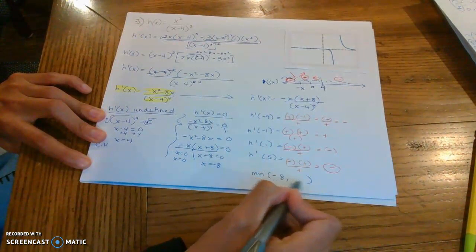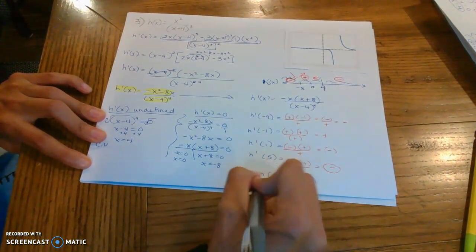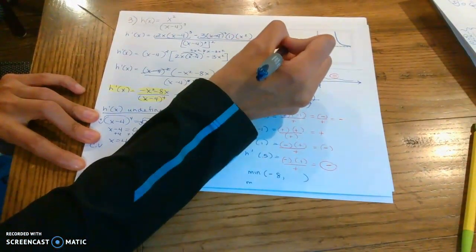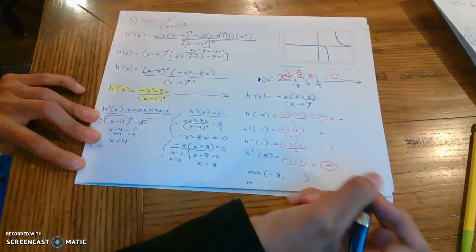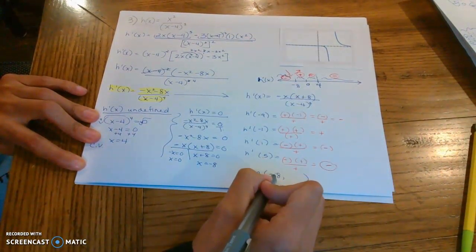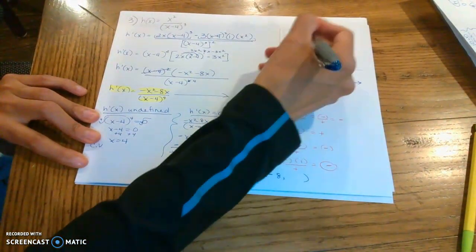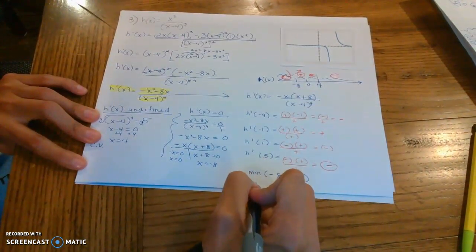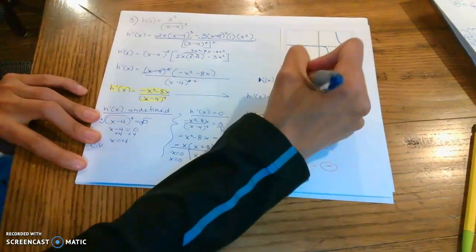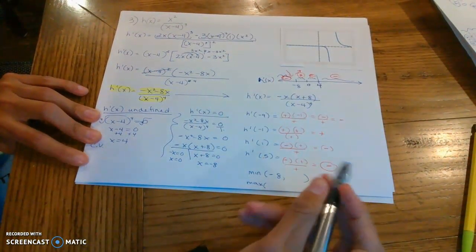And we are going to eventually find the max. So negative 8 is going to be showing that I have some sort of minimum, and that's not captured in this window. And you have a maximum right here at 0.